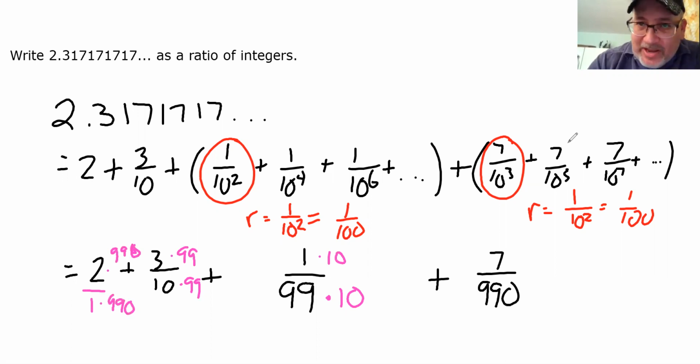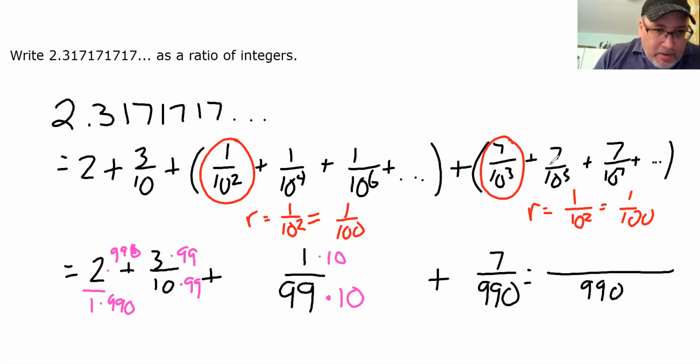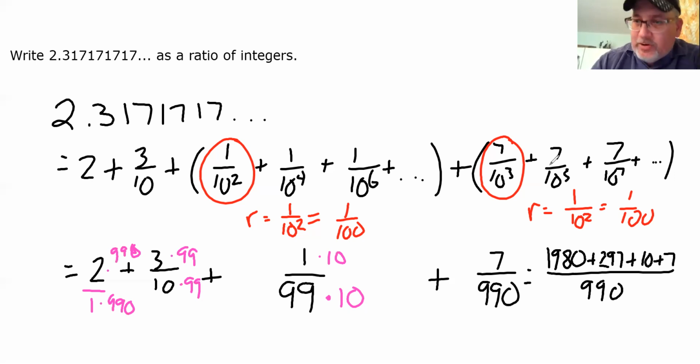All right, so let's see what that gives us. Everything's going to be over 990. In the first fraction, 2 times 990 is 1,980. In the second fraction, 3 times 99 is 297. In the third fraction, 1 times 10 is 10. And the fourth fraction is going to be plus 7.